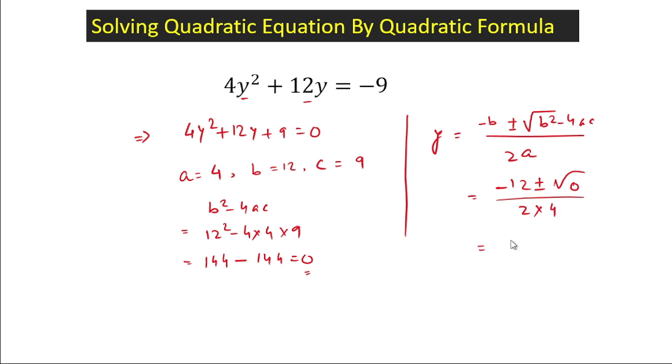Now it is minus 12 over 2 times 4, which is 8. We cancel the common factor, 4 times 3 is 12. Now it is minus 3 by 2. So from here the value of y is equal to minus 3 by 2.